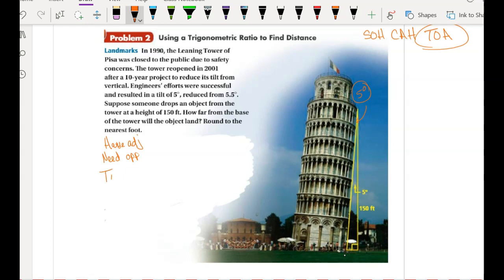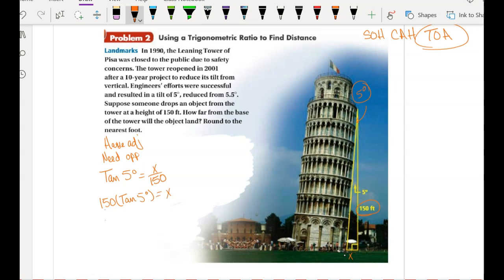I'm going to say that the tangent of 5 degrees is equal to the opposite, which I don't know, so I'm going to call it x, over the adjacent, which is 150. So now I'm going to solve for x. I have 150 times the tangent of 5 degrees is equal to x.